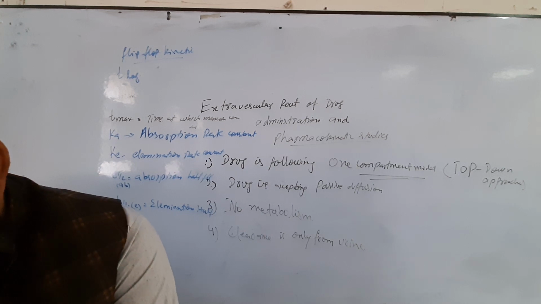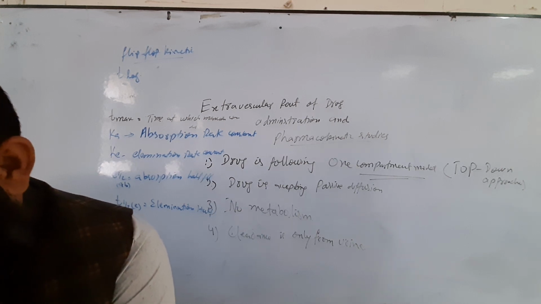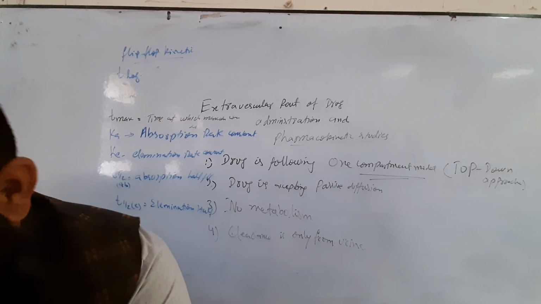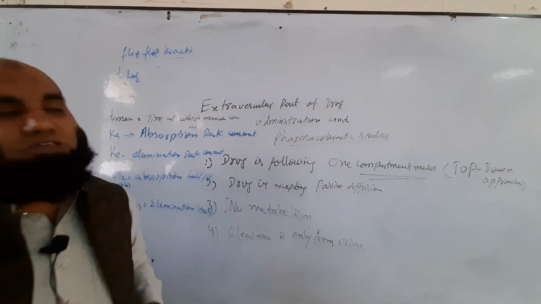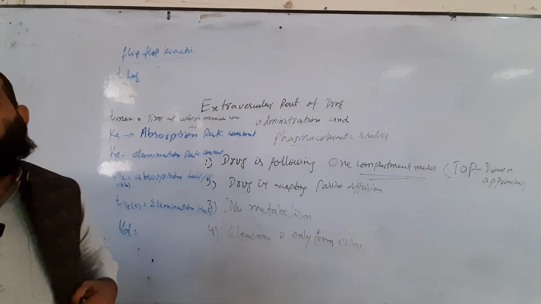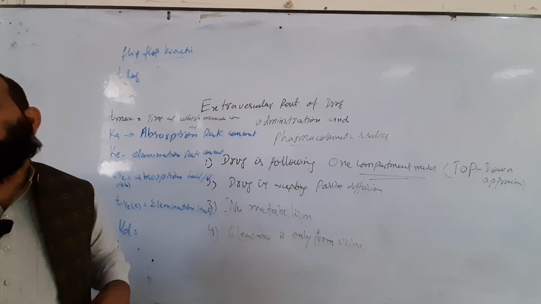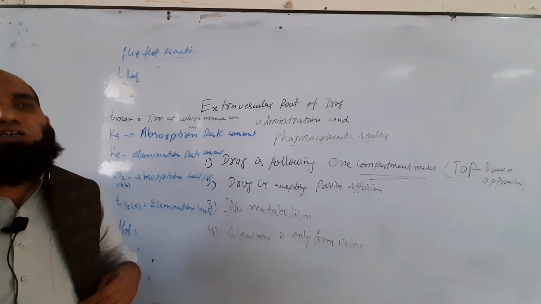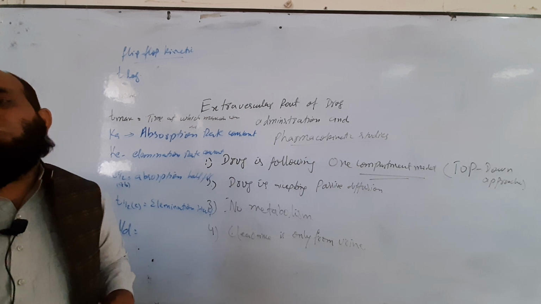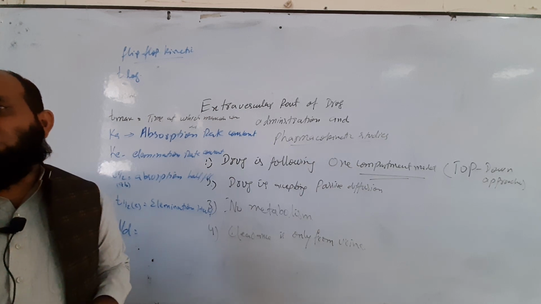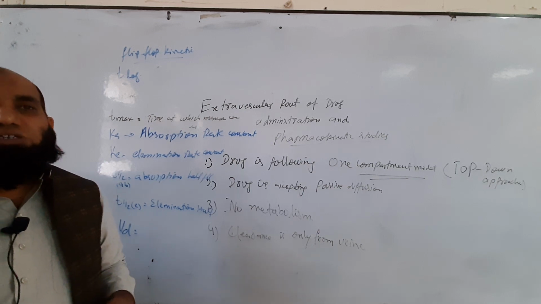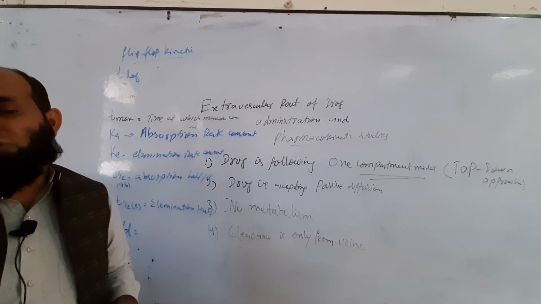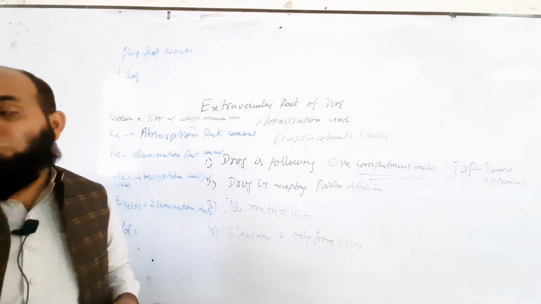And especially we will apply some general concepts, because we all know there is a maximum number of prescriptions of the oral dosage form, and when we are discussing single dose therapy, it means we are discussing some antibiotics and those diseases which may be treated with a single dose.